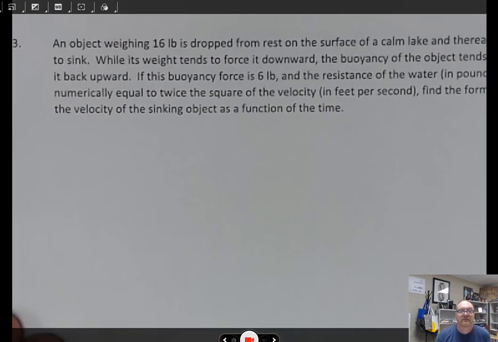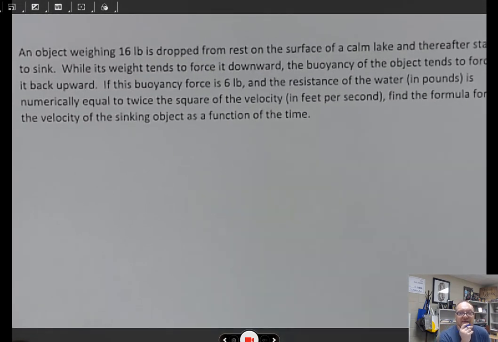Okay. Let's see, is there one, maybe a different unit? Yeah, look at number 16. An object weighing 16 pounds.